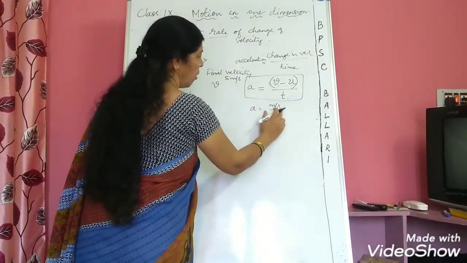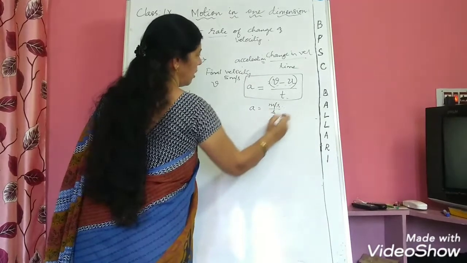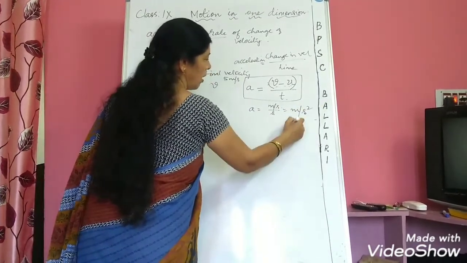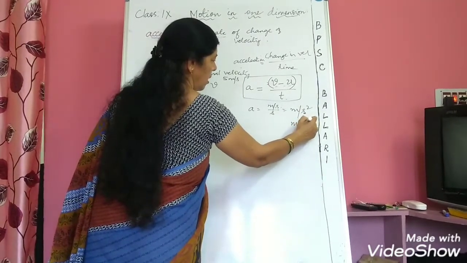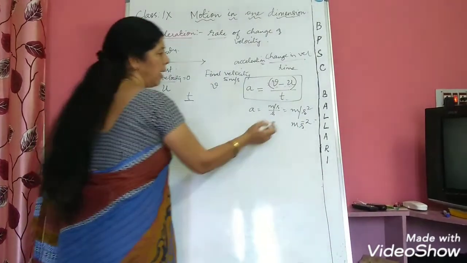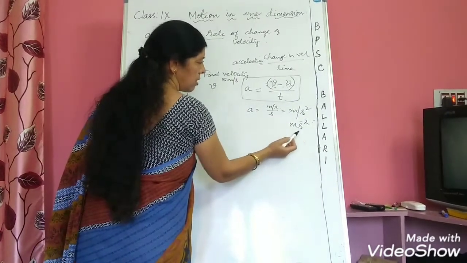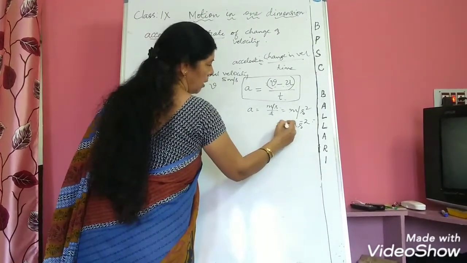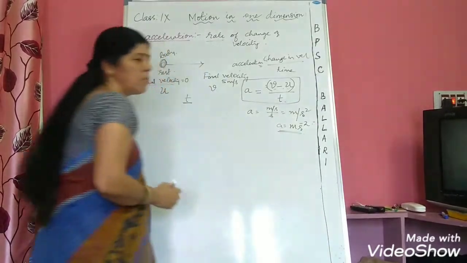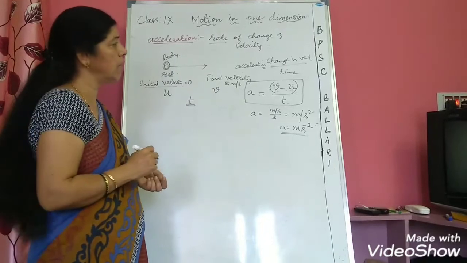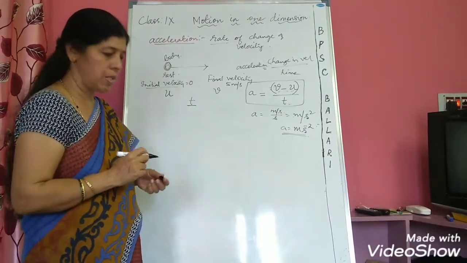Acceleration will be equal to meter per second divided by second, that will be equal to meter per second square. You can even write it as m s to the power minus 2 and should be read as meter per second square. So this will be the standard international units for acceleration. So remember, acceleration is nothing but a rate of change of velocity.